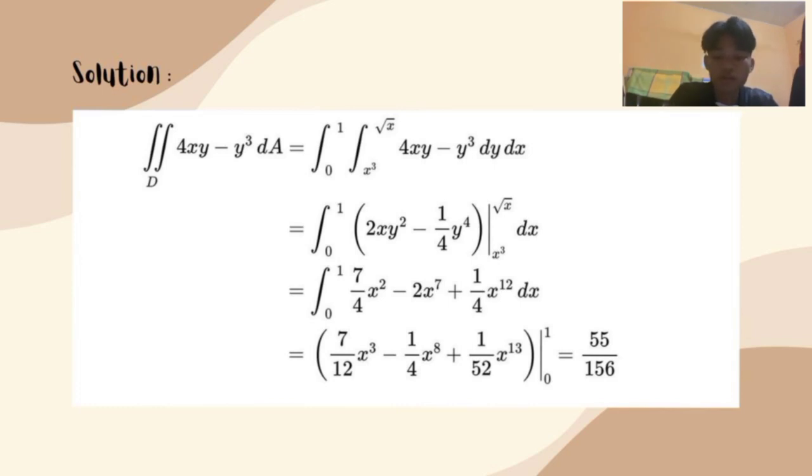square root x, x power of 3, for 4xy minus y power of 3 dy dx equals integration 1 and 0 in bracket 2xy squared minus 1 over 4 y power of 4, integration square root of x and x power of 3 dx is equal to integration 1 and 0, 7 over 4 x squared minus 2x power of 7 plus 1 over 4 x power of 12 dx is equal to in bracket 7 over 12 x cubed minus 1 over 4 x power of 8 plus 1 over 52 x power of 13, integration 1 and 0.